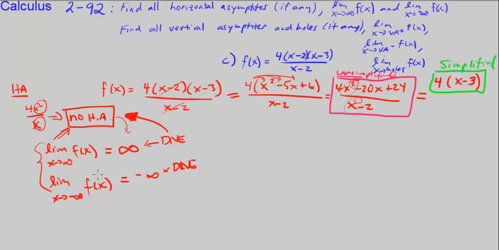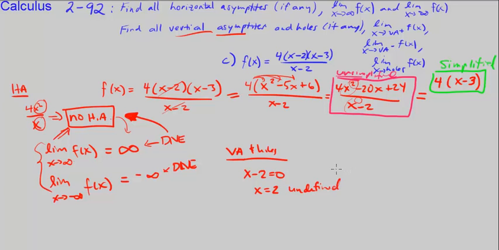Now we're asked to find the vertical asymptotes and holes. We look at where the denominator is equal to 0, because that's where our function is undefined. So x minus 2 equals 0, or x equals 2, is where it's undefined.